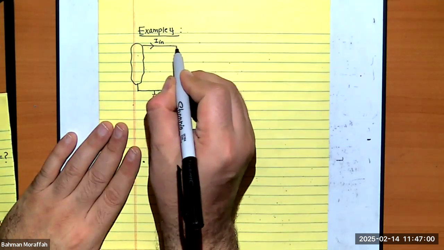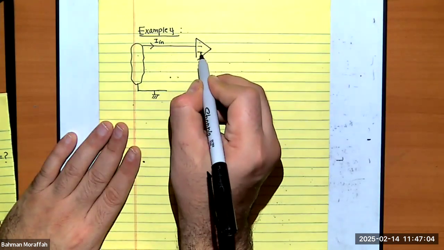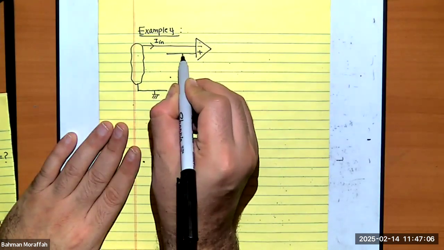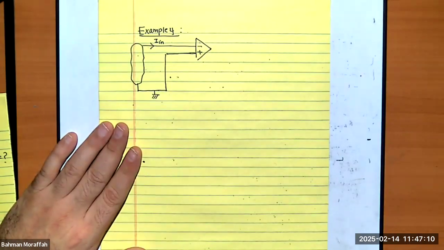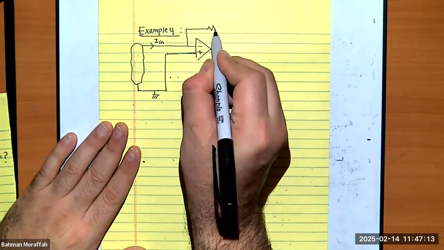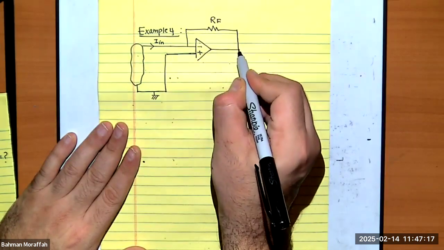I'm going to feed this to an op amp. This is a negative side, this is a positive side, and I'm going to hook up the positive side to the same ground. Then I'm going to have some resistance over here.